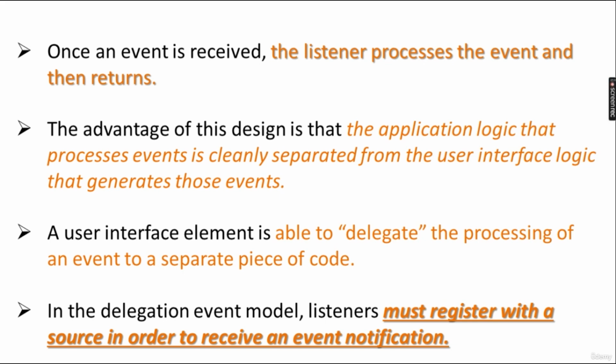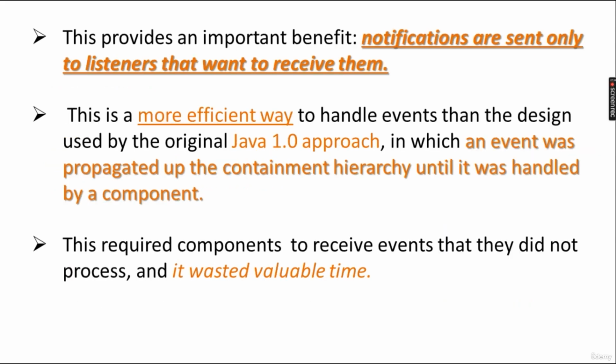In the delegation event model, listeners must register with the source in order to receive an event notification. First of all, the listener must register with the source so that it is able to receive the event notification. Notifications are sent only to listeners that want to receive them.